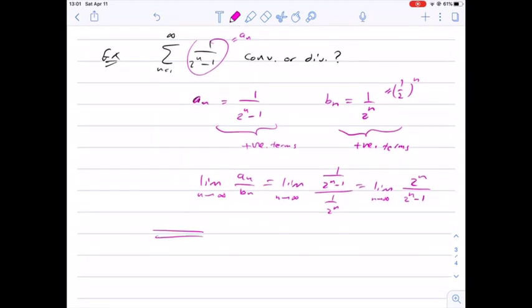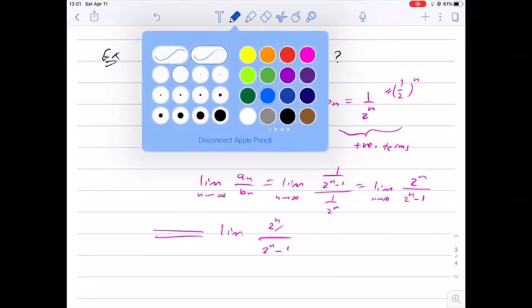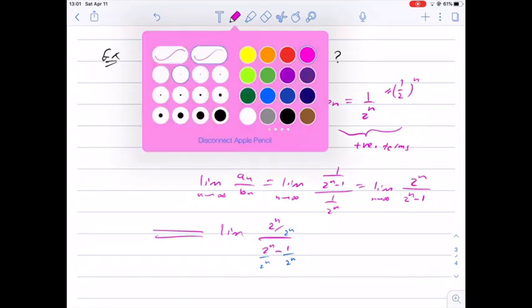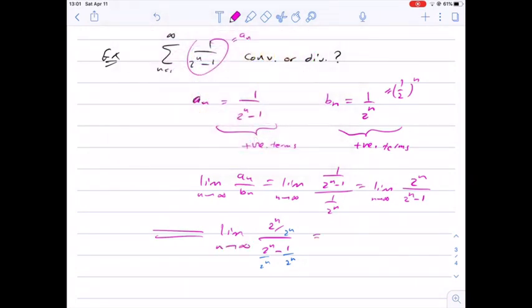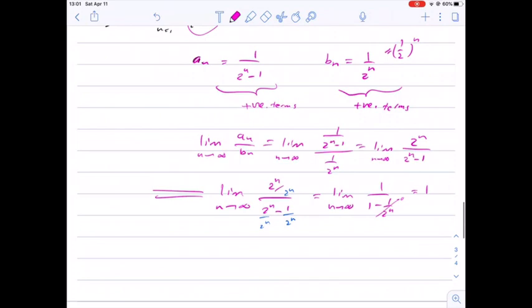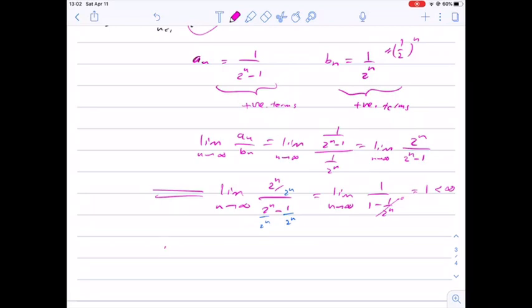Now divide each term by 2 to the n, and you get the limit of 1 over 1 minus 1 over 2 to the n. Now as n goes to infinity this becomes 0, so we get 1. So 1 is positive and less than infinity. That means we can apply the limit comparison test.